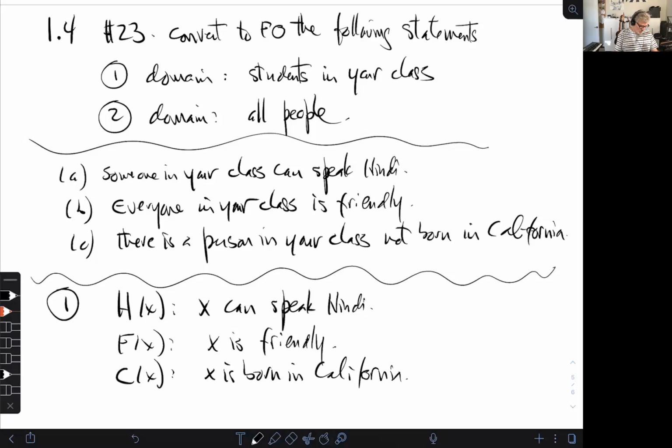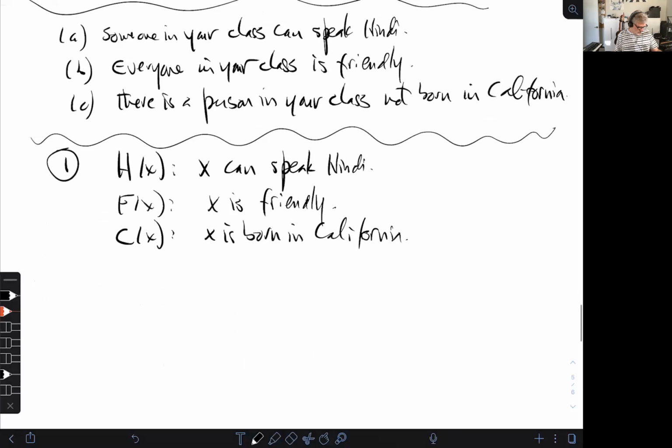Okay, I'm just going to move that up a little bit. A: someone in your class can speak Hindi. The domain is the class. So there exists an x, H(x). That's all we need. B: everyone in your class is friendly.